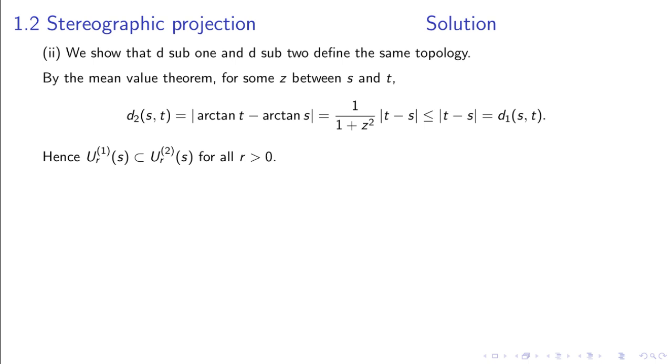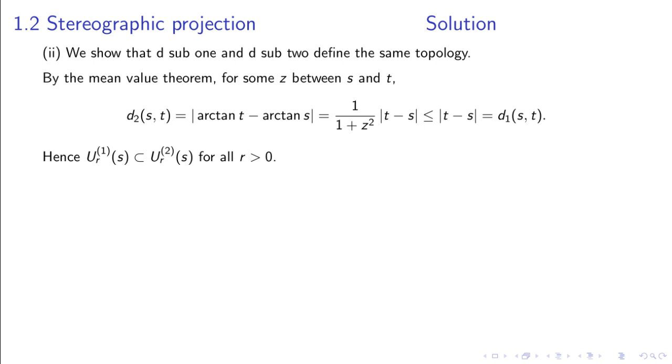By the mean value theorem, for any t in ℝ, there is some point z between s and t such that |arctan t − arctan s| = |arctan′(z)|·|t − s|. Since the derivative of arctan at z is 1/(1 + z²), we get d₂(s,t) = 1/(1 + z²)·|t − s|.